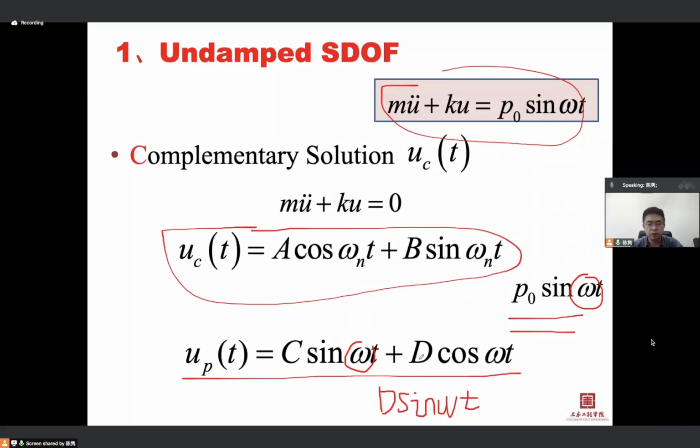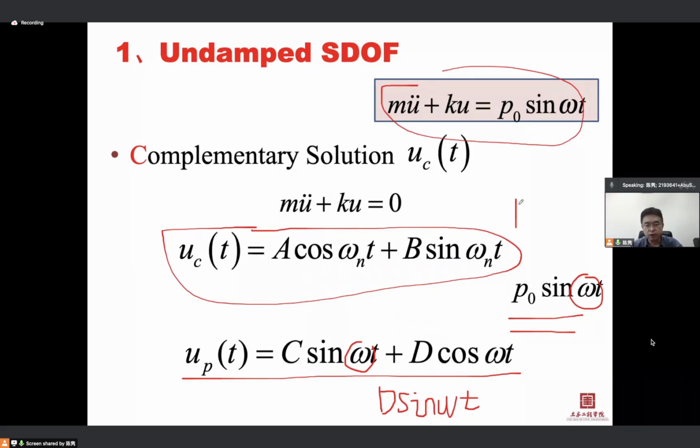Although the term will become 0 later, this is the general form, and later, when we discuss systems with damping, you will have an advantage by using this form. Of course, d sine omega t or c sine omega t without the cosine part is also correct.